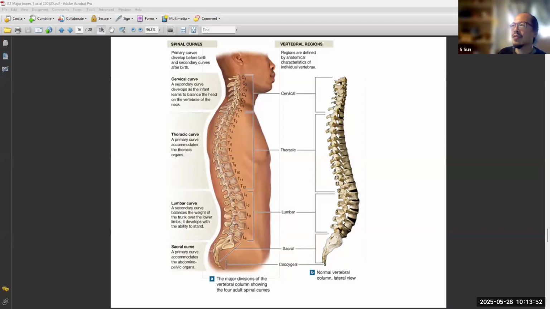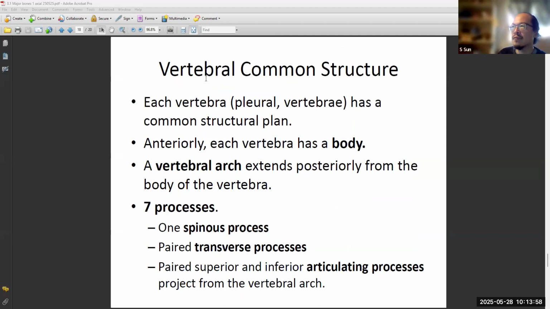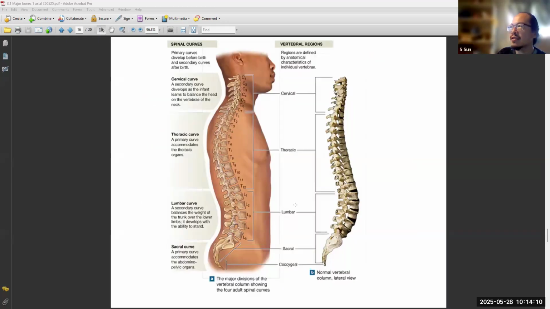Another thing that you also need to know is that each bone has its features. Each bone in the vertebral column has one body right here. There are some variations from the top to the bottom, but they will more or less have these features. It just presents in a slightly different way.